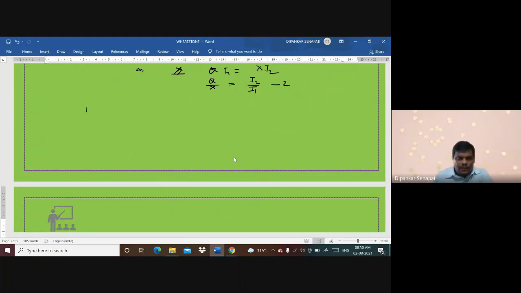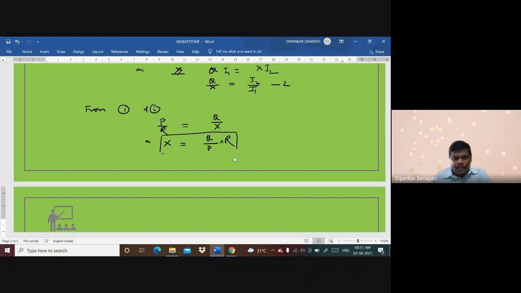From equations 1 and 2, we can write that P by R is equal to Q by X, or X is equal to Q by P into R.